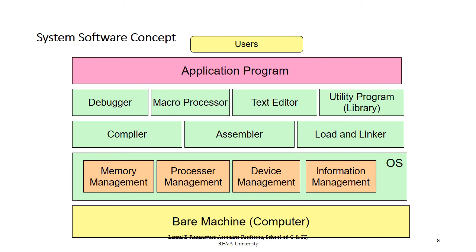Users who use the application programs use debugger, macroprocessor, text editors, and utility programs, and these debuggers, macroprocessor, text editors, and libraries are used by compilers, assemblers, loaders and linkers, and these in turn interact with the operating system, and the operating system is directly interacting with the bare machine.